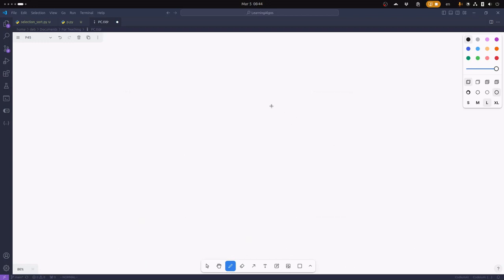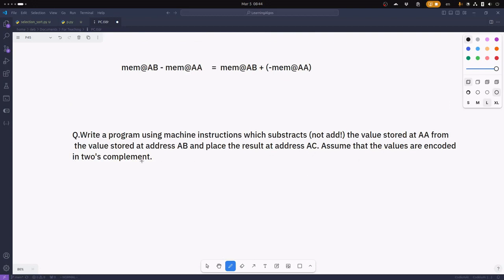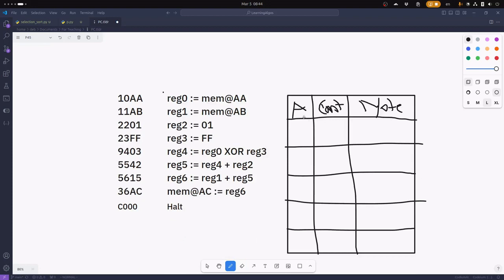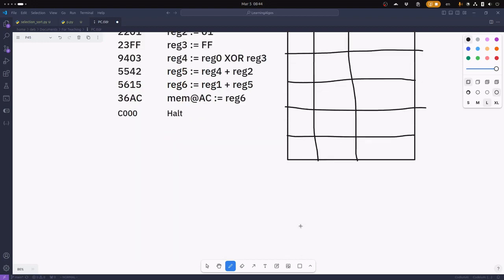Since this question didn't ask for the program counter or the memory addresses, it's not necessary. I'm not sure, but it's not necessary to put the addresses. But if you want, you can just put 00 here, and 02, 04, 06, 08, and so on.